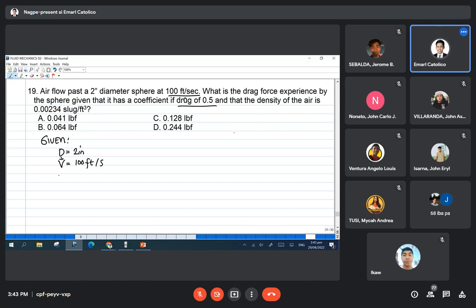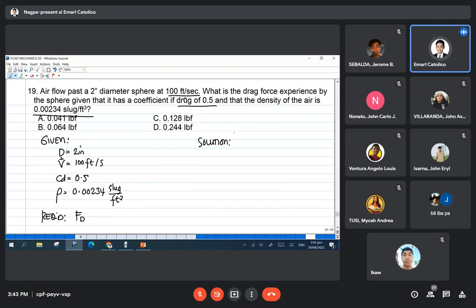Coefficient of drag, so CD, 0.5. Density of air is 0.00234 slug per cubic feet. So, ang hinahanap dito is the drag force. So, FD. Okay.